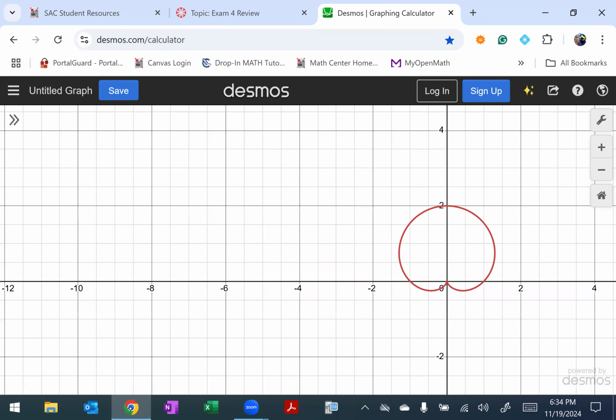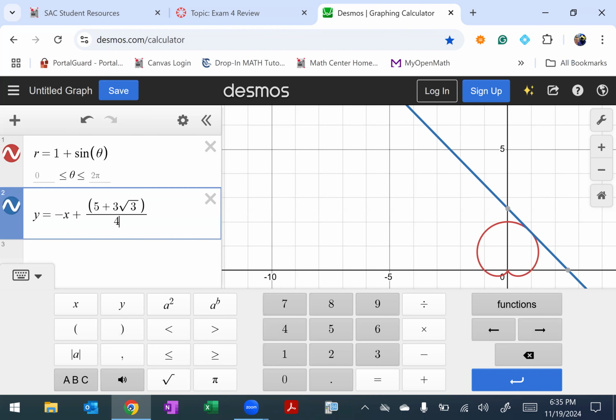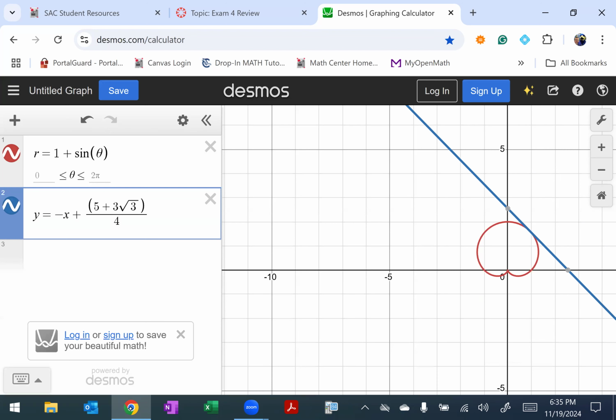Let's graph this equation: y equals negative x plus the actual value here of (5 plus 3 radical 3) divided by 4. And we can see that we get a point of tangency here.